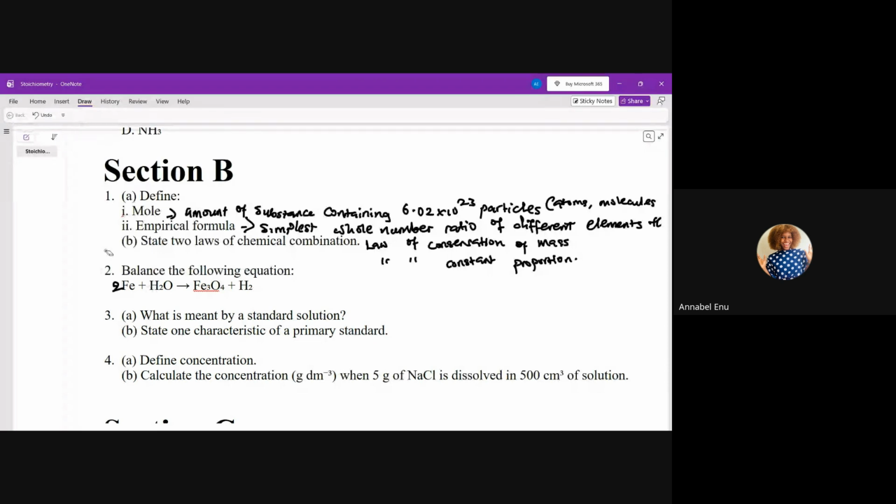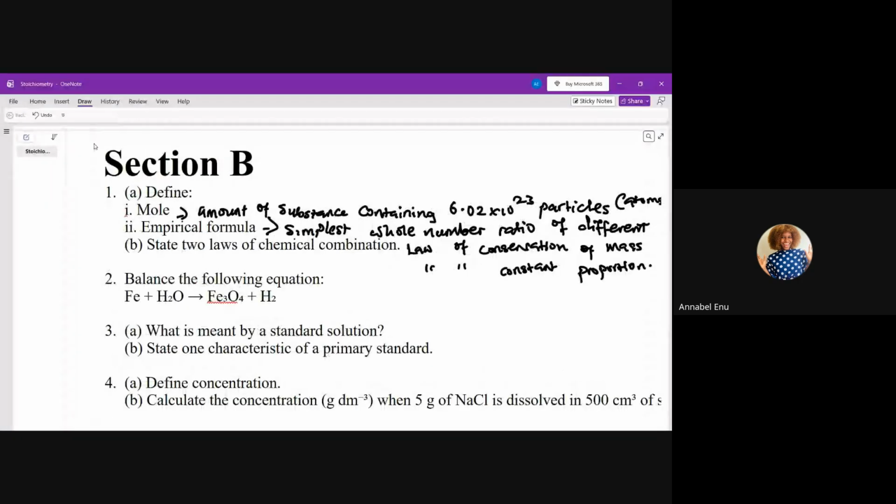So in order to balance this iron, we would not come here to write down 3 so that the 3 will be the same with this other 3. No, that is not how it's done. We can only alter the coefficient. We don't alter the subscript that is already there.